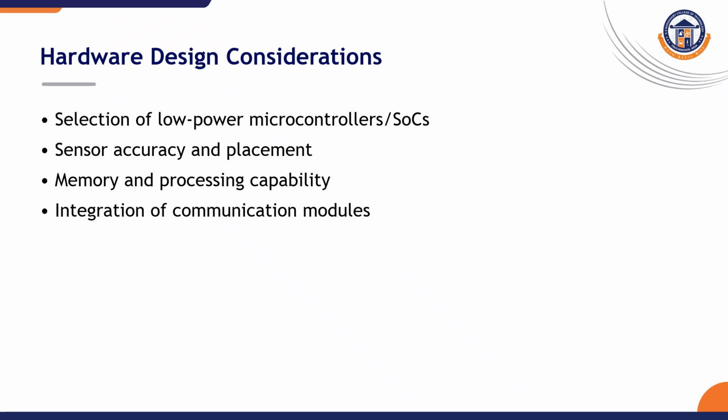Next, the consideration for hardware when designing a wearable device: you have to select low power microcontrollers and system on chips, use very accurate sensors and place the sensors in the proper manner, and consider the memory, what kind of RAM or ROM we are using, what kind of internal or external memories, and the processing capacity of memory that supports the microcontroller.